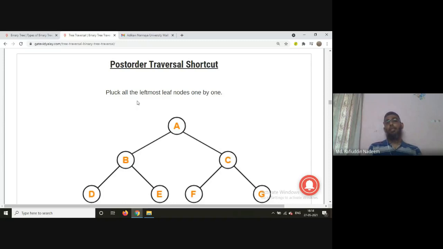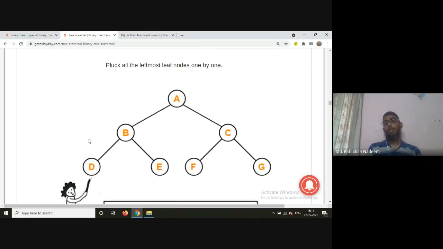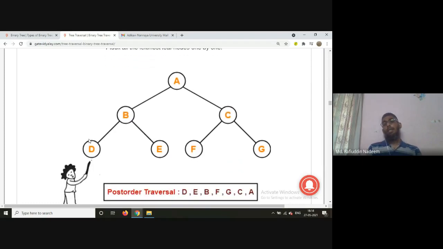The shortcut here is to pluck all the left leaf nodes one by one. D is plucked, then after that E is plucked, then B, then again for F, after plucking the left side, then G, then C, and then A. So this is how we are going to traverse.